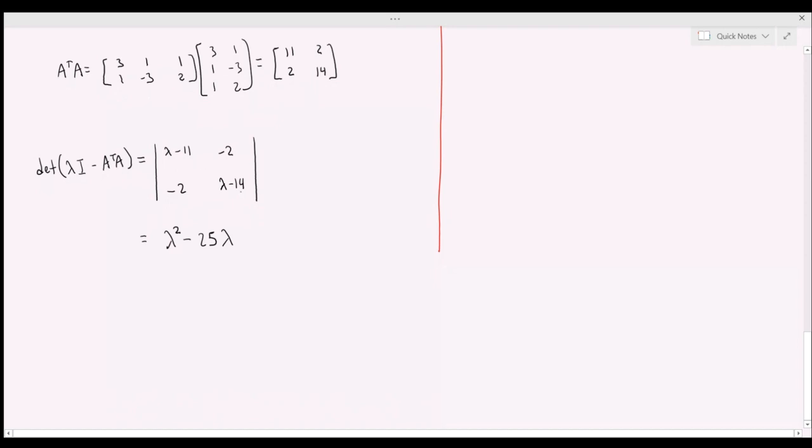And then 11 times 14, I think that's going to be 154. And then we have that, and then minus positive 4. Okay. So it'd be minus 25 lambda plus 150.